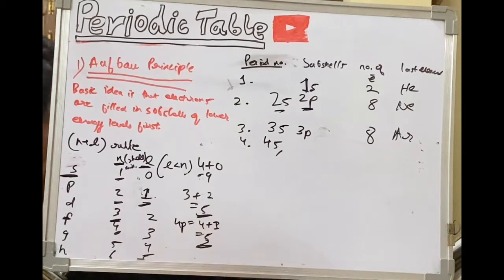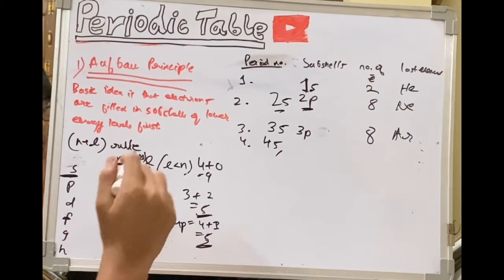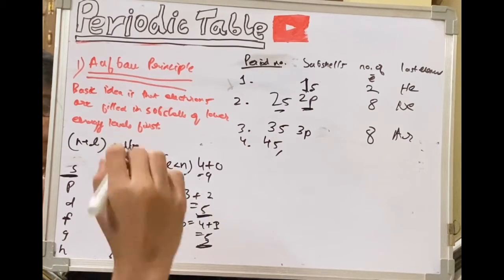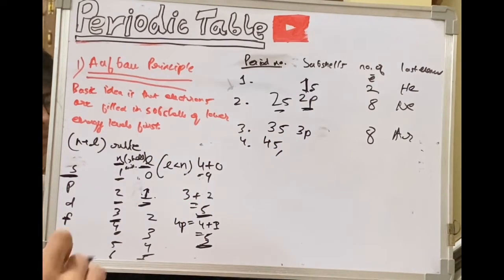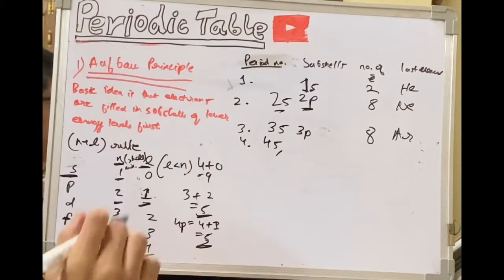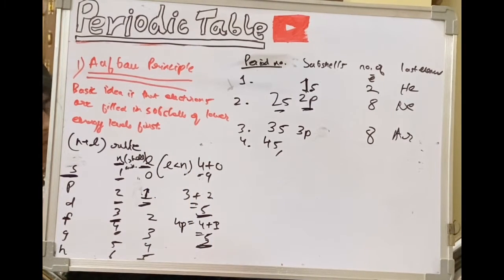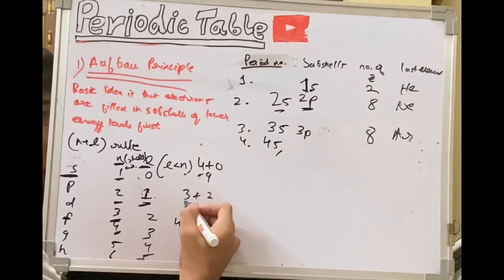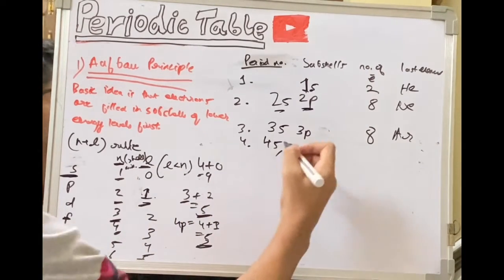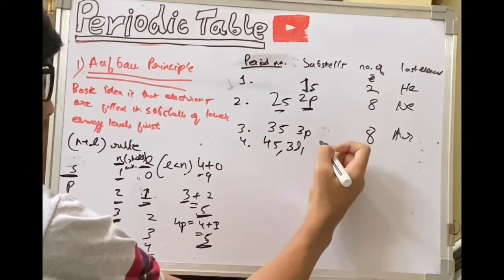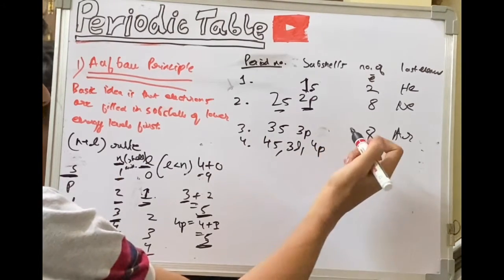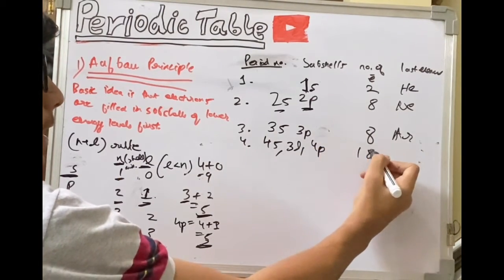But there is another important rule that if the values of n plus l are coming the same, we'll take the orbital first whose n is less, and that is 3, right? So we'll take 3d and then 4p, okay? And maximum electrons will be 18 over here.